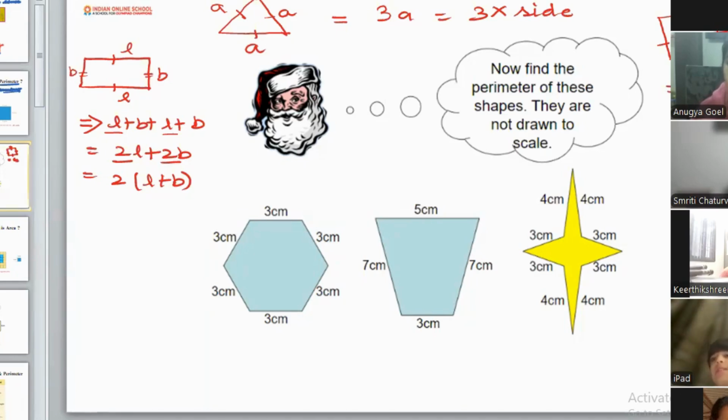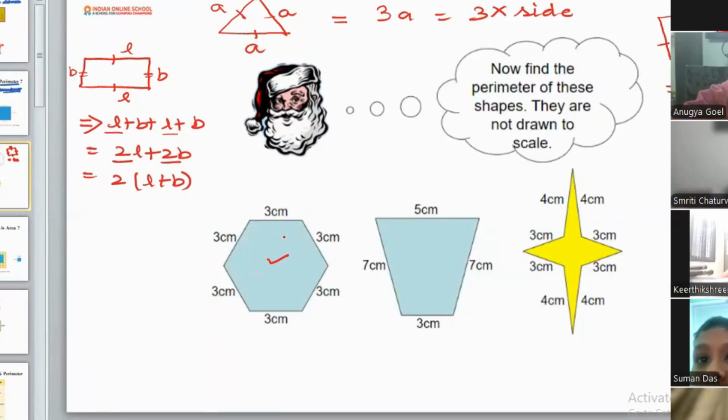Okay. Now you can see this figure over here, everybody? Yes, ma'am. Tell me how many sides are here? 6. And there is one special thing about this figure.